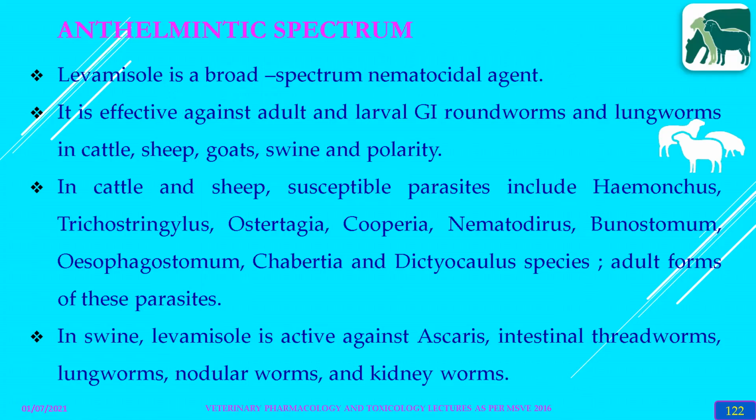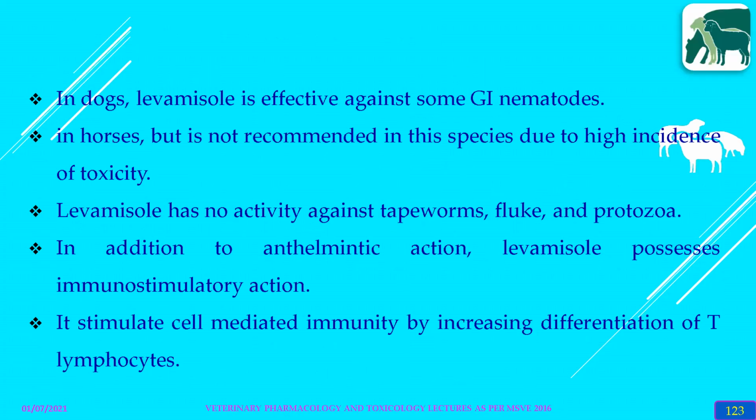And in case of cattle and sheep, susceptible parasites include most of the roundworms, especially Haemonchus to the Dictyocaulus species. And in swine, levamisole is active against Ascaris lumbricoides and intestinal threadworms, lungworms, nodular worms, and kidney worms also.